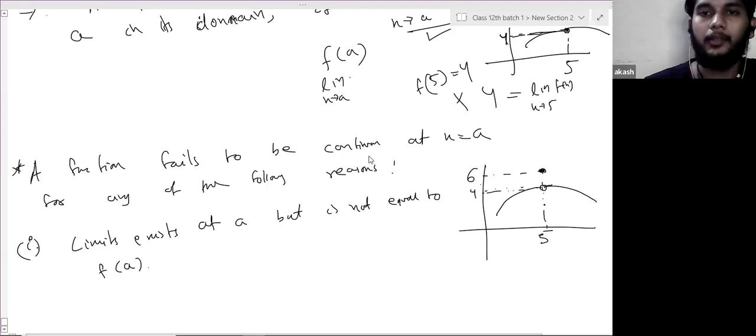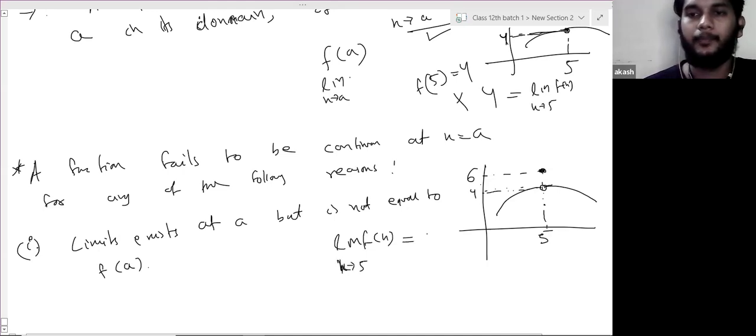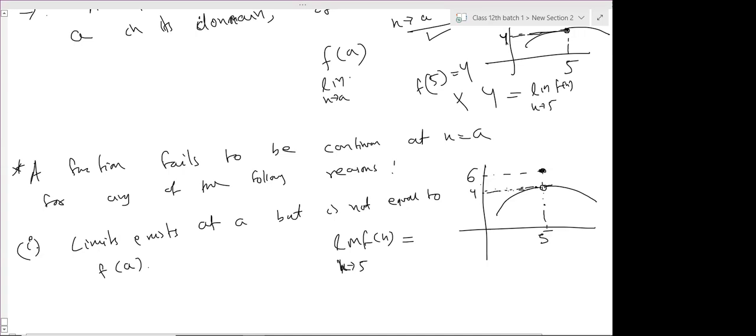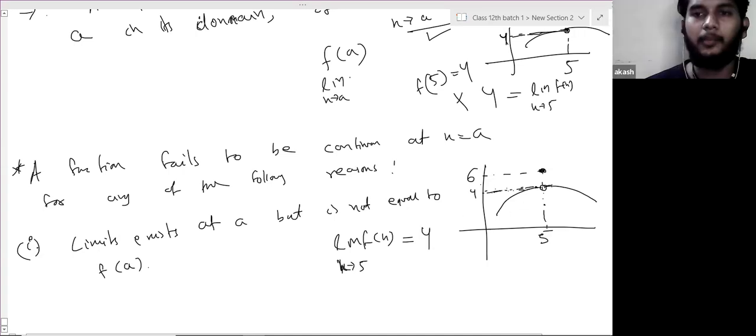Can anyone tell me, if this is the function f of x, then limit of f of x tending to 5, what is the limiting value? Look at the graph and think. 4. Absolutely right. What does the limit say? The neighborhood, right? This is 4, this is 4, so the limiting value is 4. And what is f of 5?